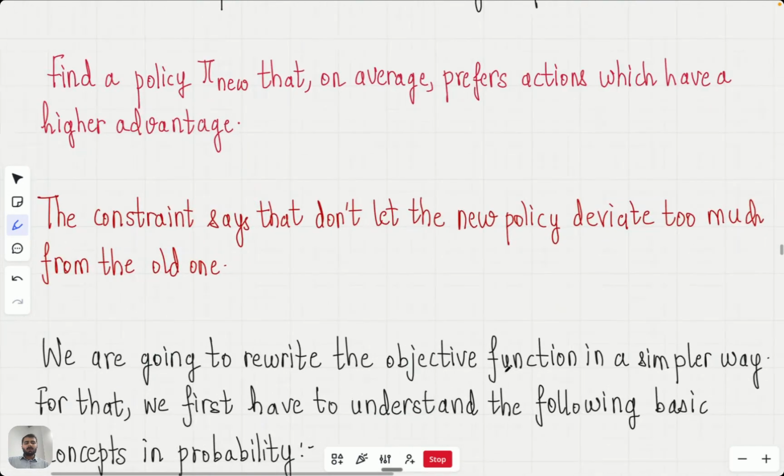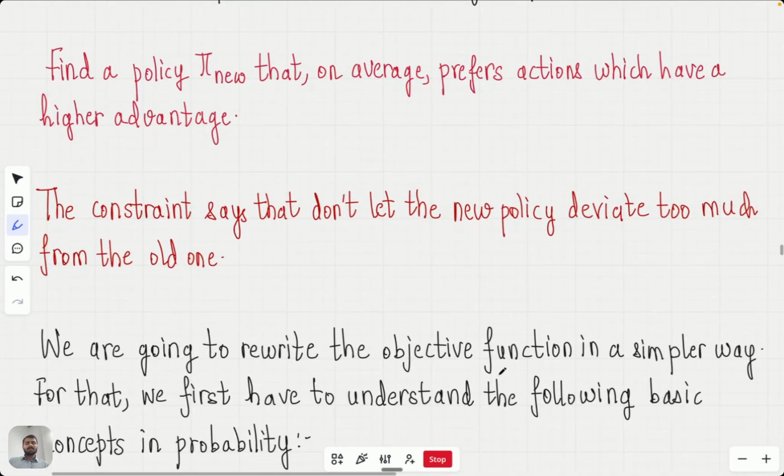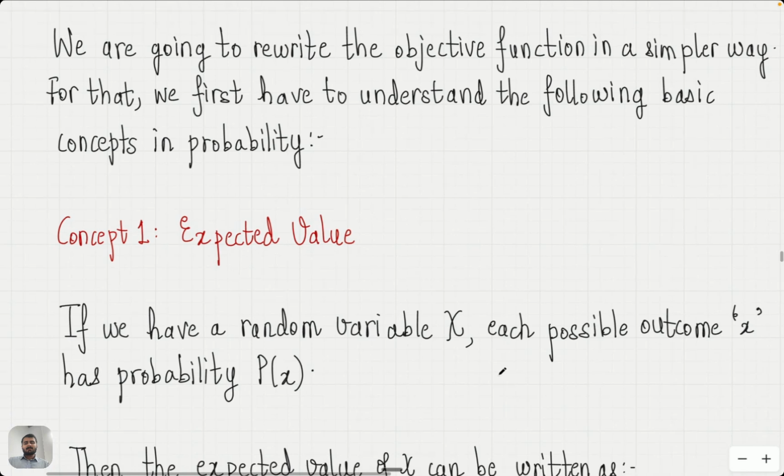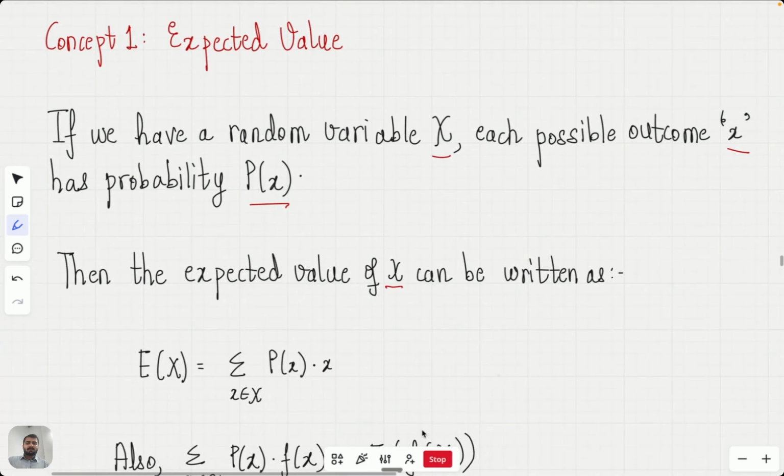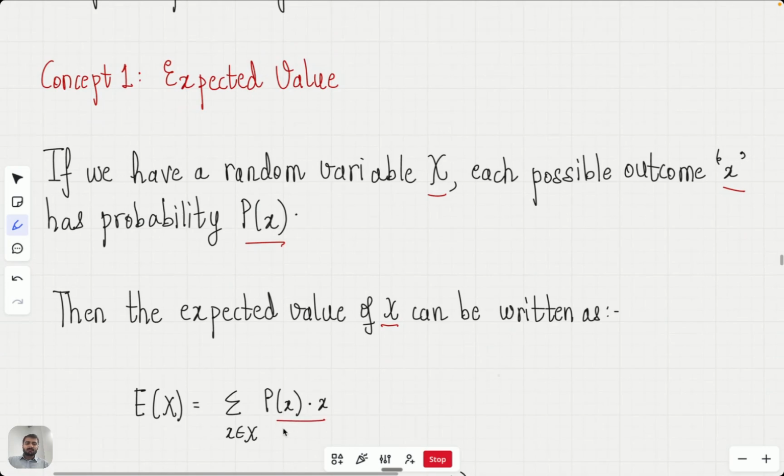Okay, so now we are going to rewrite the objective function in a simpler way, and for that we have to first understand the following basic concepts in probability. The first concept is that of expected value. If we have a random variable x, each with a possible outcome x and a probability p of x, then the expected value of this random variable can be written as the sum of x into p of x.